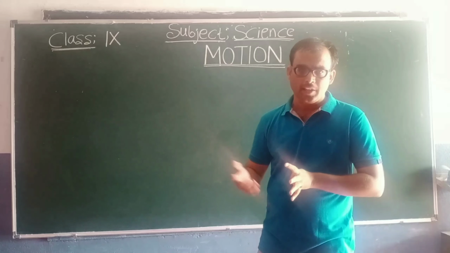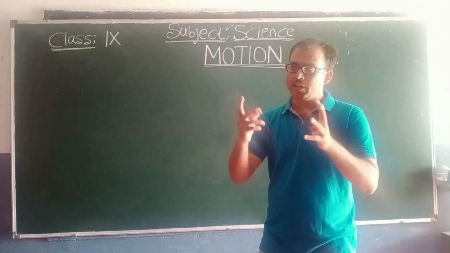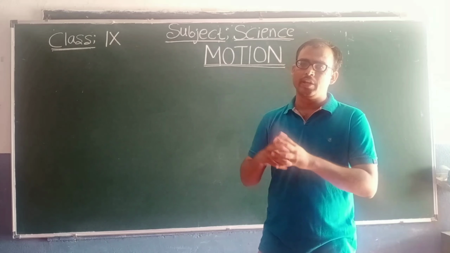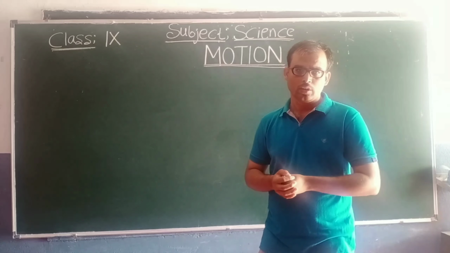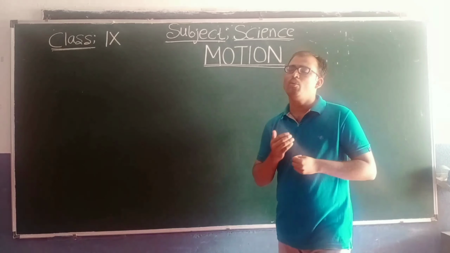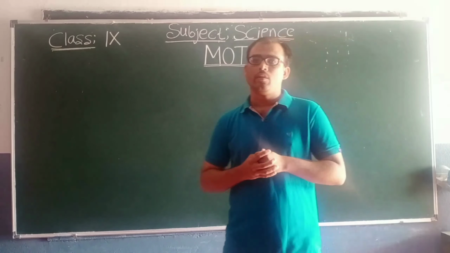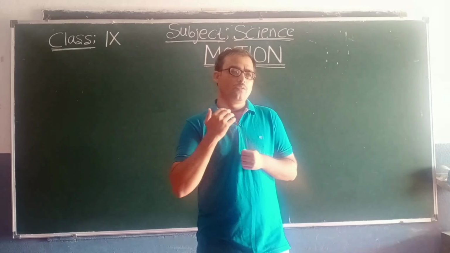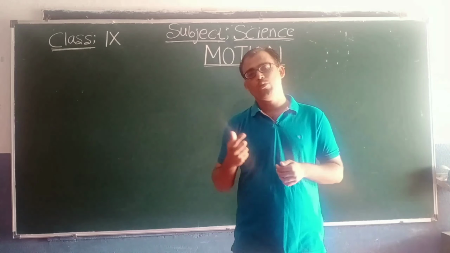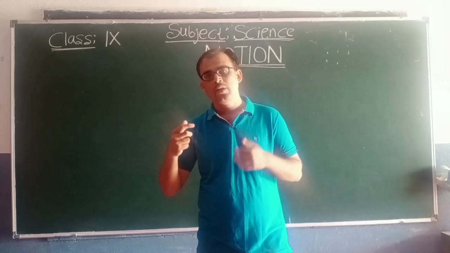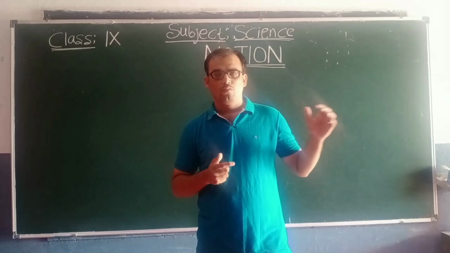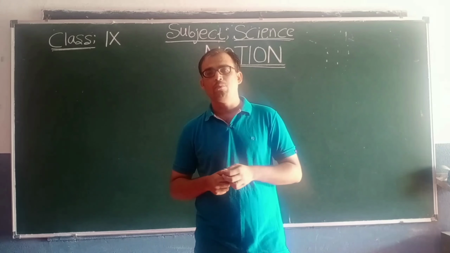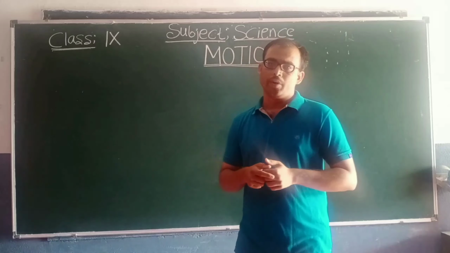Does air have any physical nature or any color? No, air does not have color. Then how will we come to know that the air is moving? It is by the movement of dust and by the movement of the leaves of the trees.